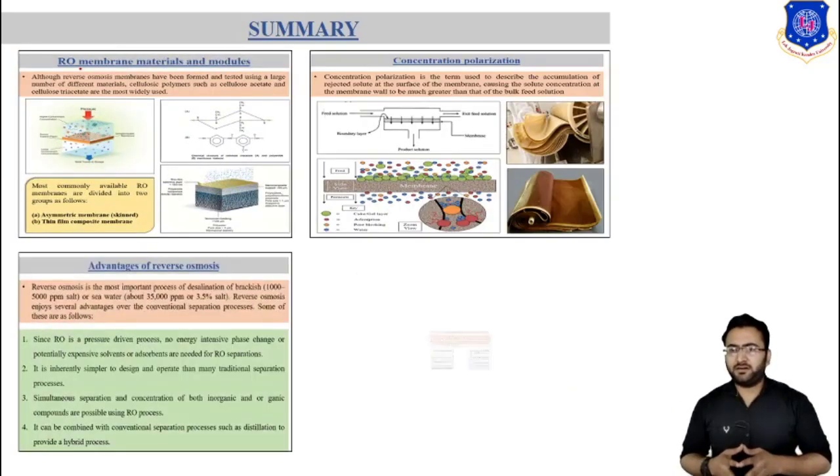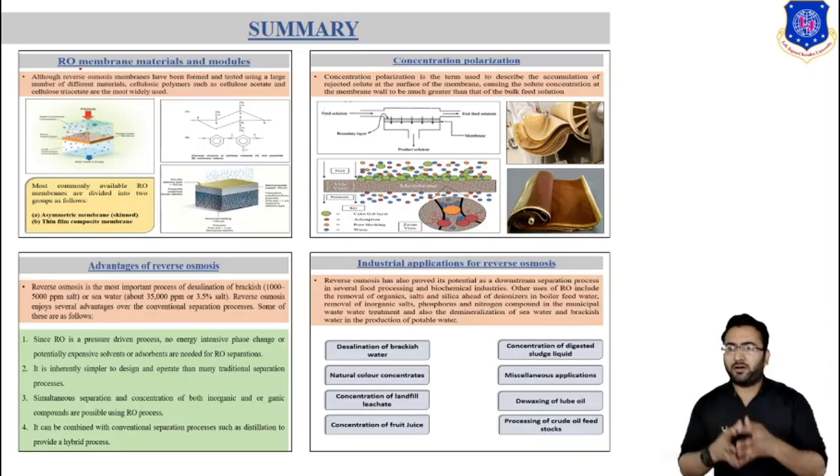In this lecture, we discussed the reverse osmosis membrane material and module, concentration polarization, advantages of reverse osmosis and industrial applications. Mainly we discussed the reverse osmosis membrane materials such as cellulose acetate and cellulose triacetate.